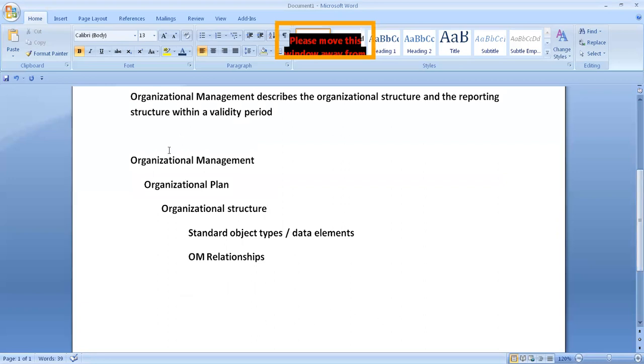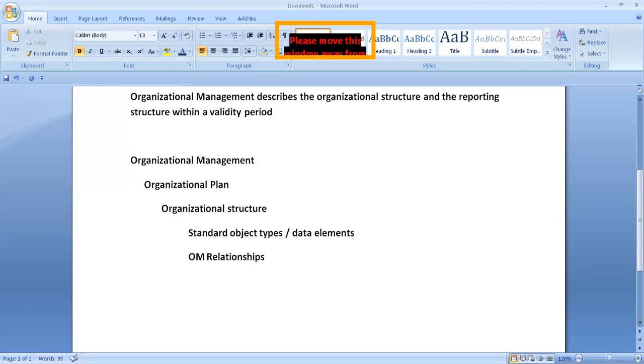Okay, so we know what organizational management is. Let's understand what is organizational plan. It is important that we understand this. Each organizational structure is maintained within an organizational plan.